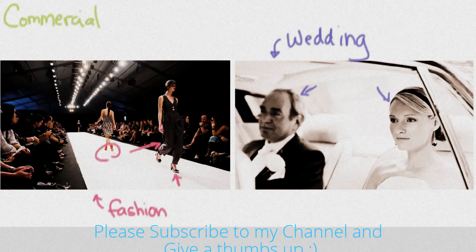Wow, look at those. You might be being paid by the makers of those, or maybe the people who are putting on the show up here, or maybe this rich guy over here wants some photos. Whatever the case is, you're often working as a commercial photographer in these situations. And the difference between those is who's paying you, essentially.